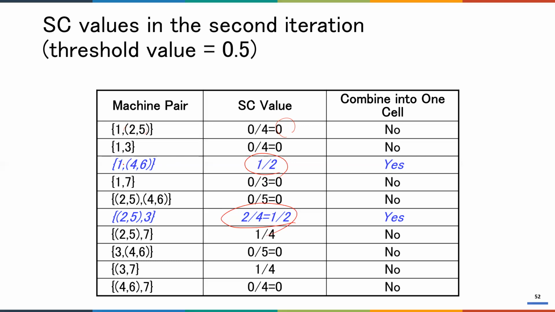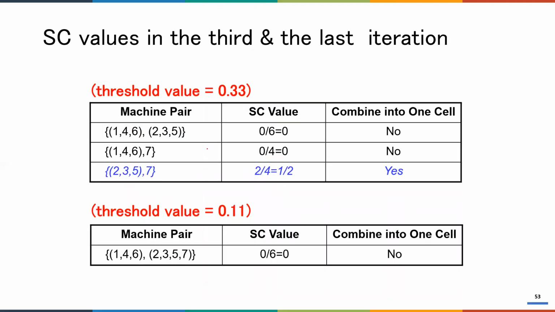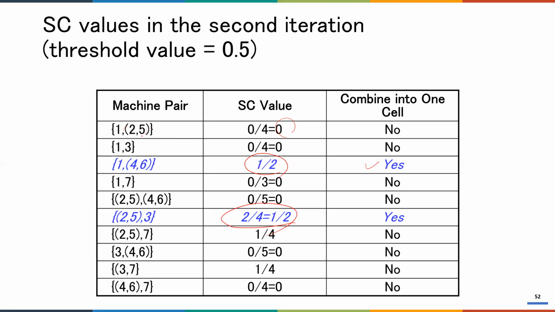So for example, in this case, whether it's combined or not, machine 1 should be combined with machines 4 and 6, while machine 3 should be combined with cell 2 and 5. So then we will have it like this, right? The new indicator matrix will be 1, 4, 6, then 2, 3, 5, and then 7 by itself.